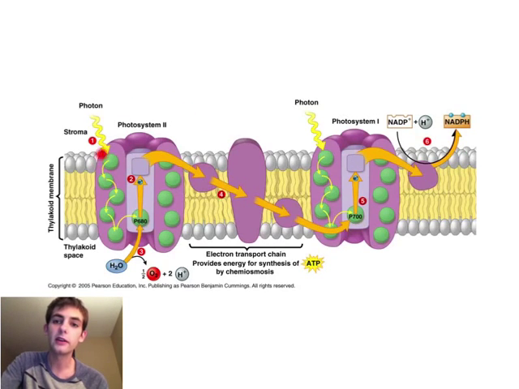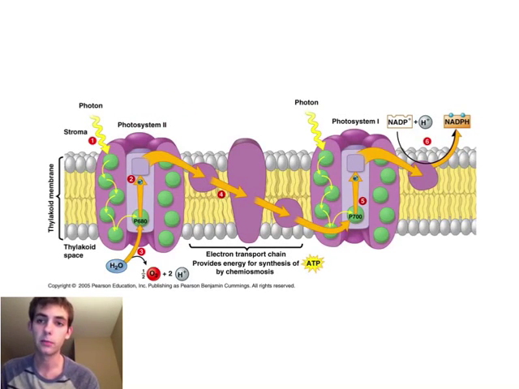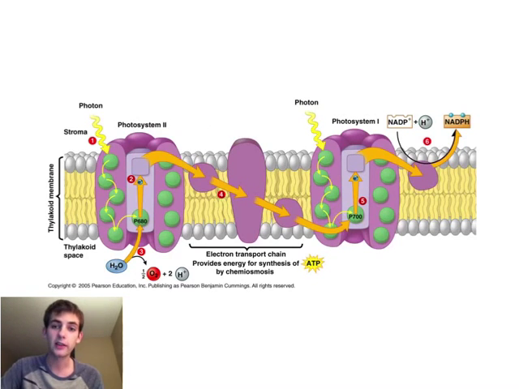This process here is known as non-cyclic electron transport because that's just passing an electron to get through to photosystem 1. Well, photosystem 1 can actually send that energy that the chlorophyll's reaction center was trying to give off, it can actually recycle that to produce a lot of ATP through a process known as chemiosmosis.